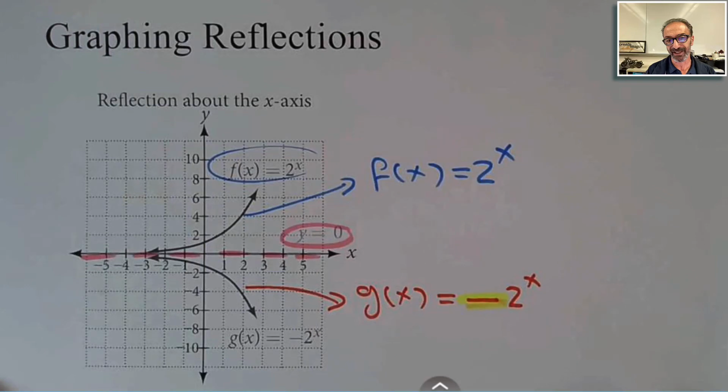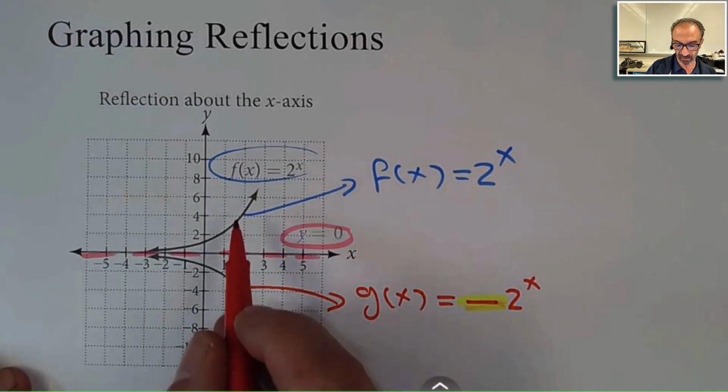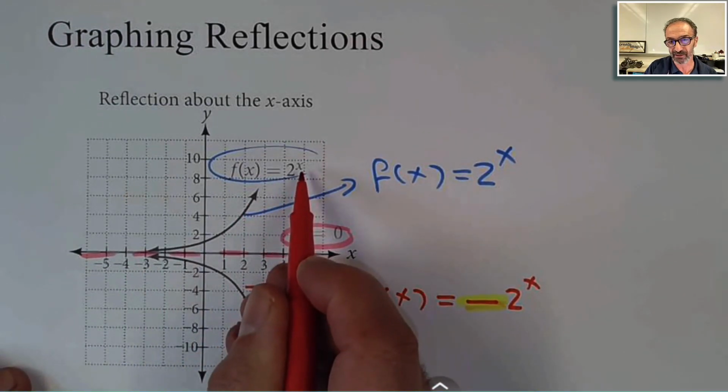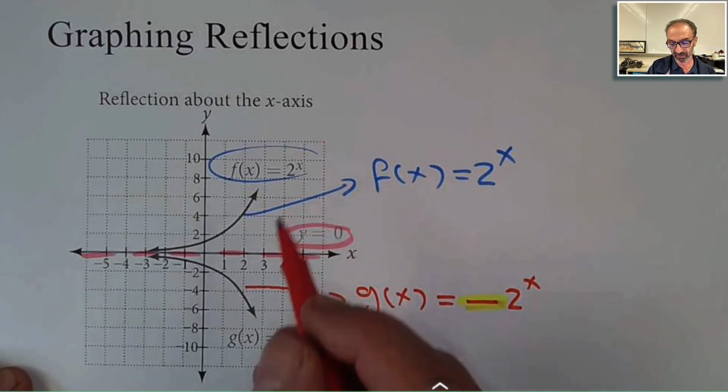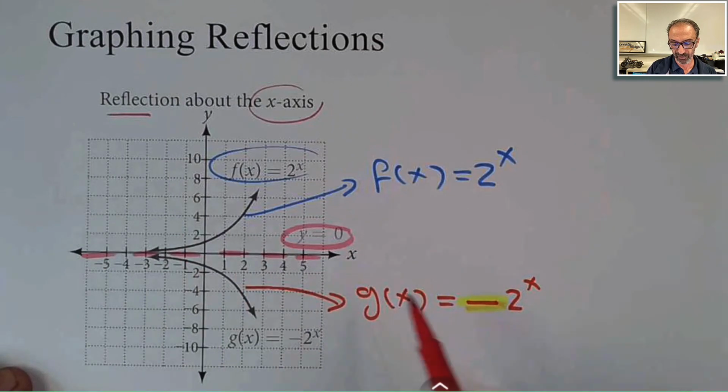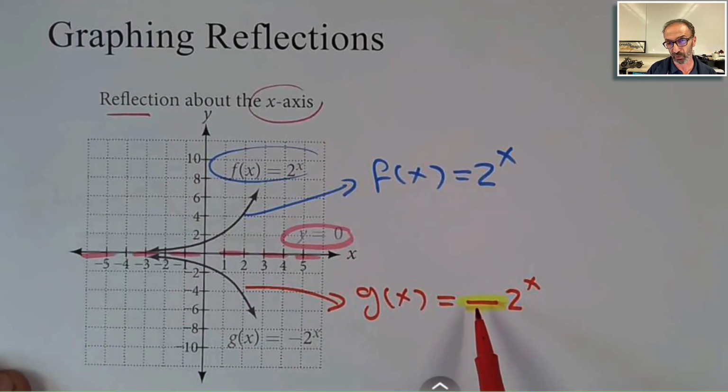Reflections about the x-axis. When you want to take the original function 2 to the x, which is right there, and reflect it about the x-axis, all you need to do is see a minus in the equation. Why is that?